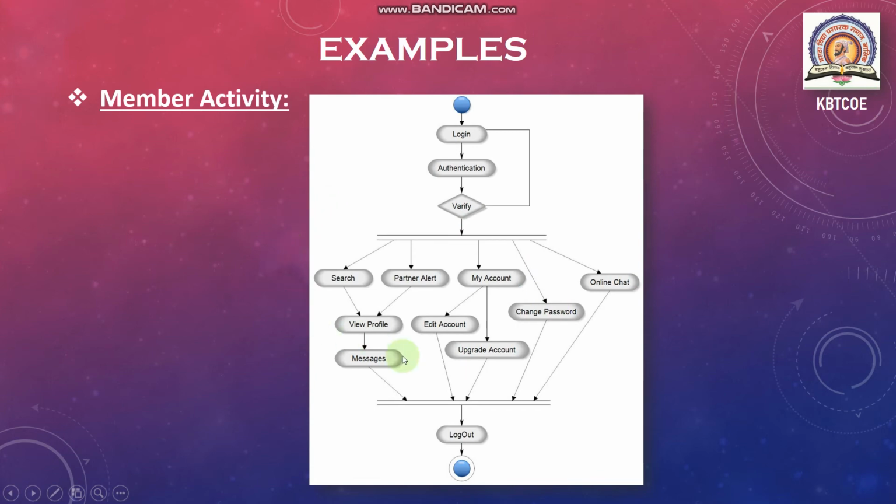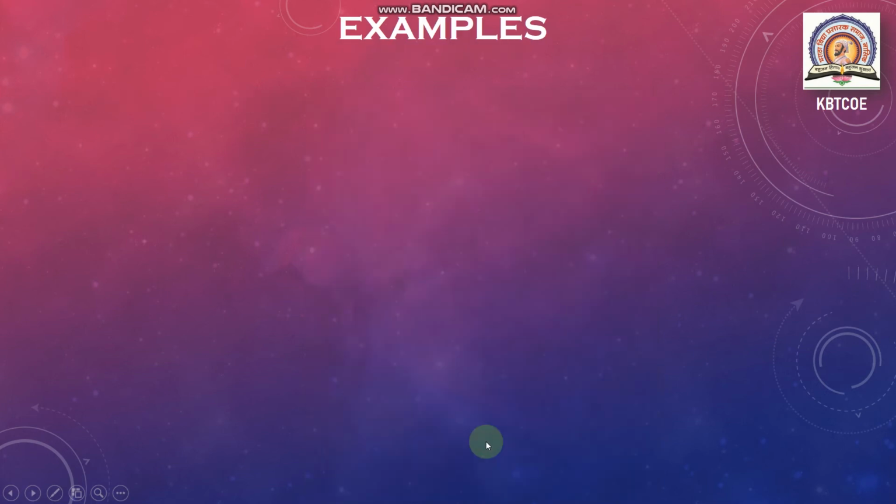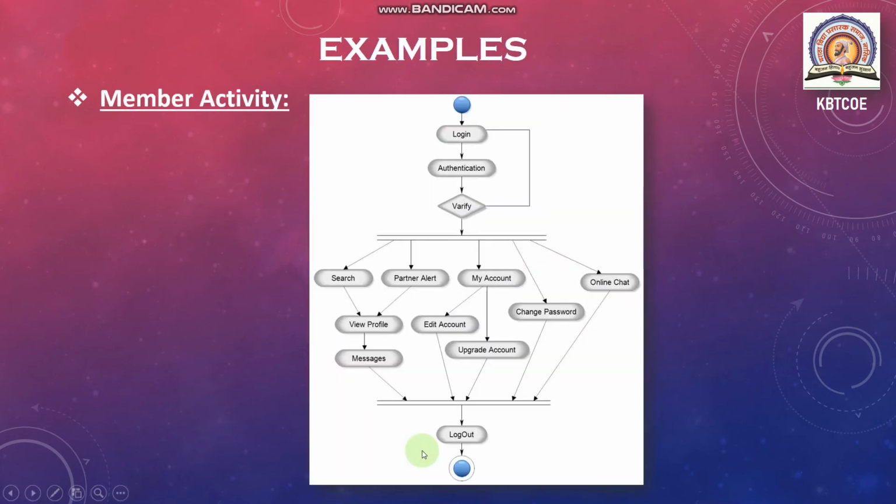And these are all the concurrent or parallel activities the user may perform. All those are synchronized with the synchronization bar and joined to a single output. And after using the account, the user may log out and end the activity.